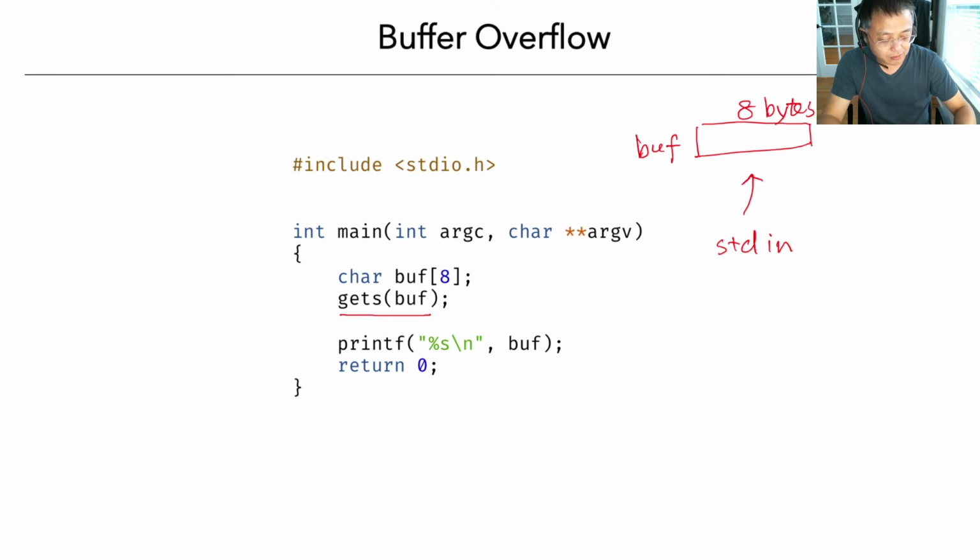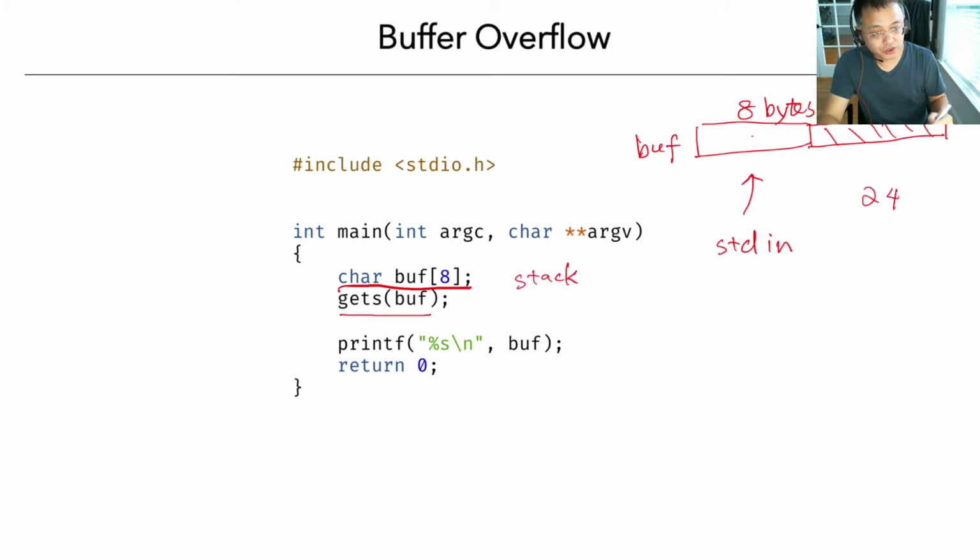Now, if the standard input is say 8 bytes, this can be put in the buffer comfortably. But if the standard input is say 24 bytes, now you have an extra 16 bytes, which will override the content, because the buffer is on the stack.